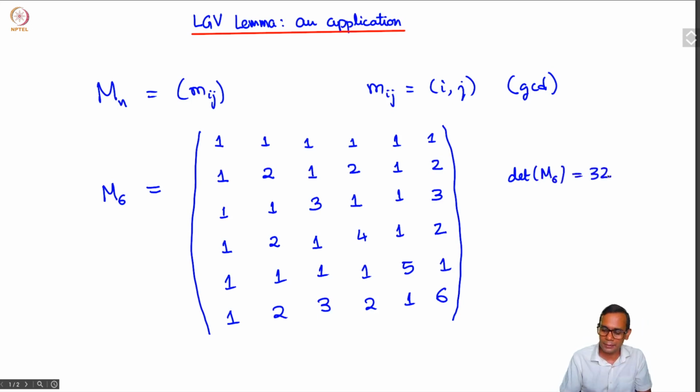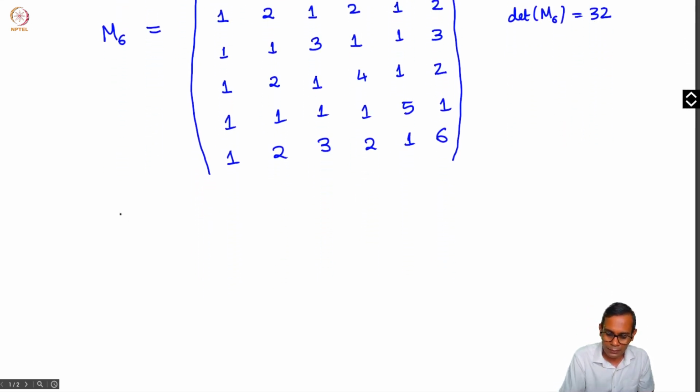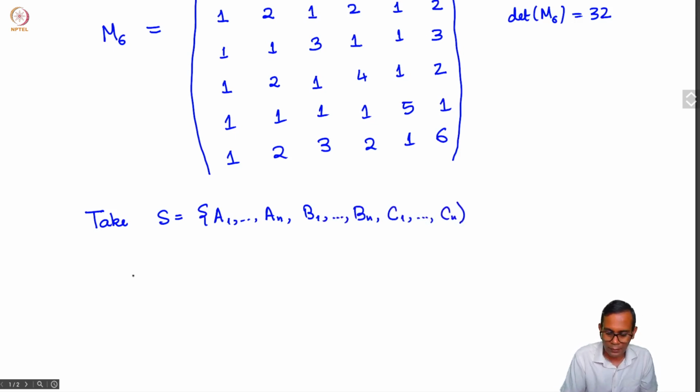The determinants of these matrices can also be computed using the LGV lemma. So let's set up a network which will compute the determinant of this matrix. We'll take S to consist of 3n nodes: nodes A_1 up to A_n, nodes B_1 up to B_n, and n more nodes which I'll call C_1 up to C_n, and define the weights as follows.